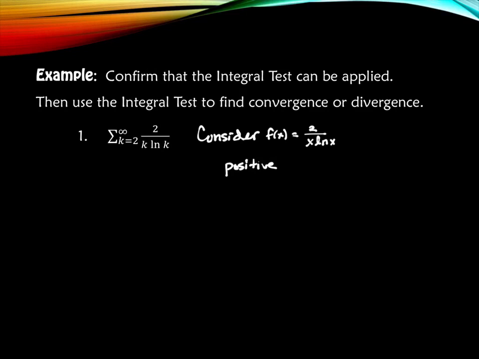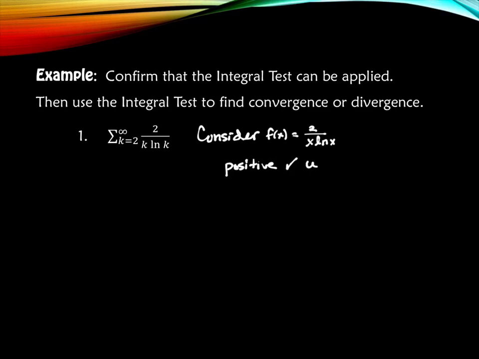And we also have the x value itself. So if x is positive, because it would be, because we're dealing with n, it says k goes from 2 to infinity. As long as k is bigger than 2, the log is going to be positive. And the k value itself is going to be positive. So we're going to get a positive value. So this is positive.